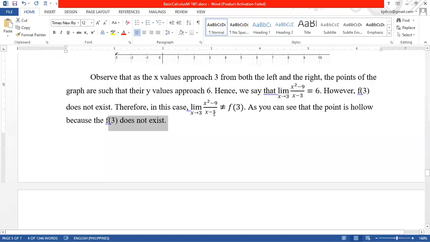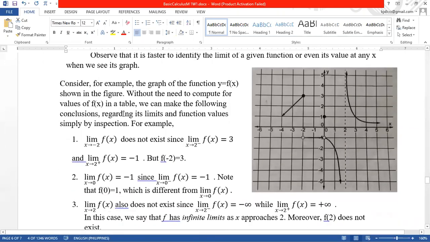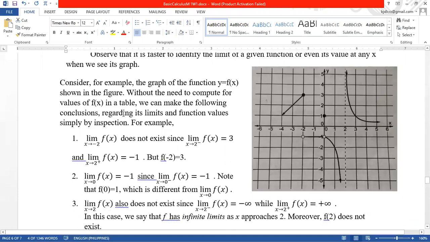So next, observe that it is faster to identify the limit of a given function or even its value at any x when we see its graph. For example, given the graph of the function y is equal to f of x shown in the figure, without the need to compute values of f of x in a table, we can make the following conclusions regarding its limit and function values simply by inspection.